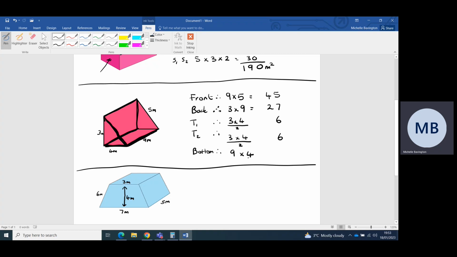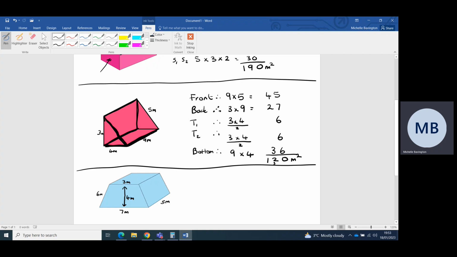And 9 times 4 is 36. 5, 12, 18, 24, 30, 4, 6, 9, 11, 12, 120 meter squared. This is area, so it's always squared, okay?